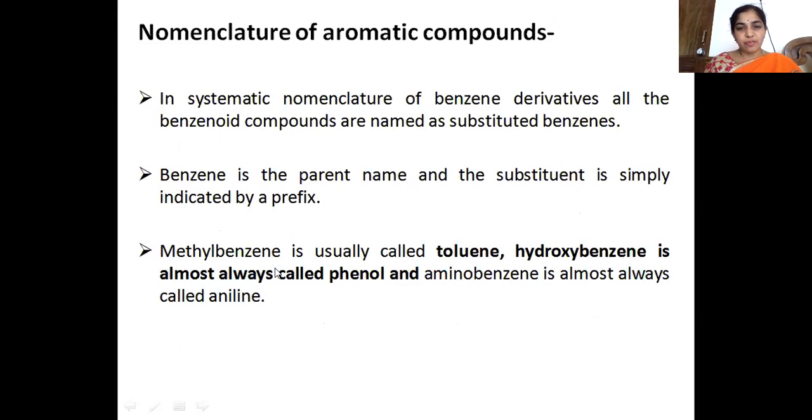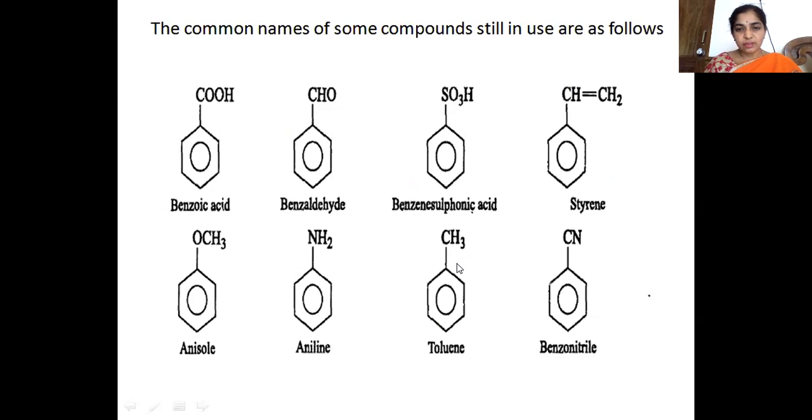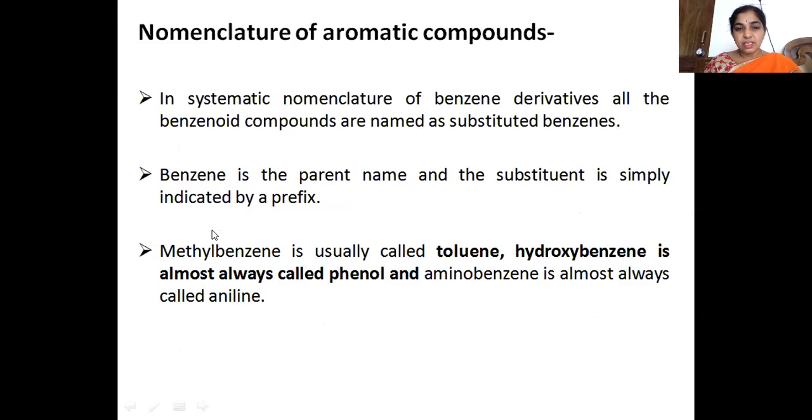For example, let us take toluene here. Toluene is the common name. Here one H has been replaced by a methyl group. Similarly here, aniline is the common name. Here, one H has been replaced by an NH2 group. So, methylbenzene is the IUPAC name for toluene. Similarly, aminobenzene is the IUPAC name for aniline.